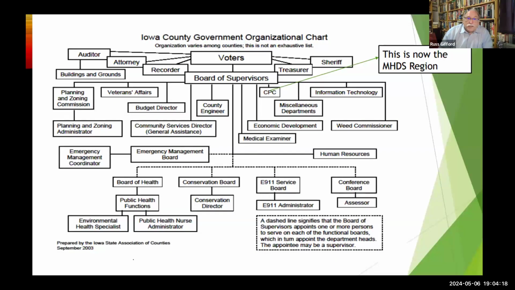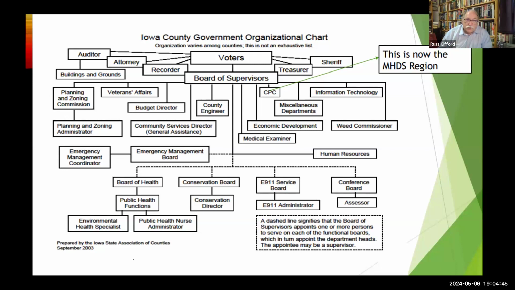So, and that brings to the point, nobody ever thinks about this. Look, we're not going to spend much time on this. I just want you to look. Voters, as I said, voters are king. You see they are at the top of this list. The voters directly elect the auditor, the attorney, the recorder, the treasurer, the sheriff, and the board of supervisors.